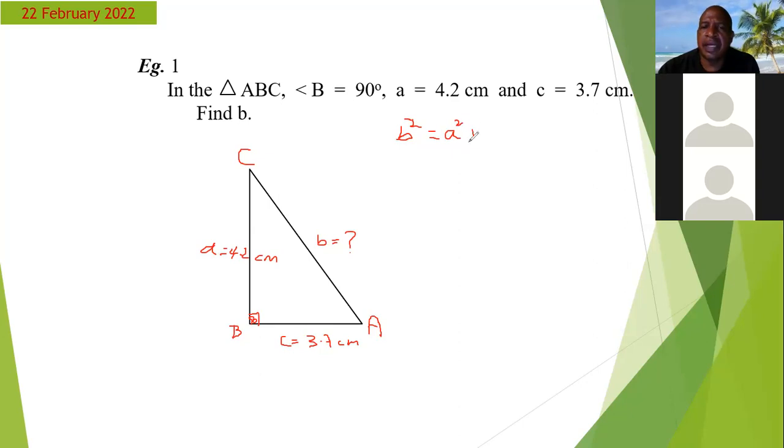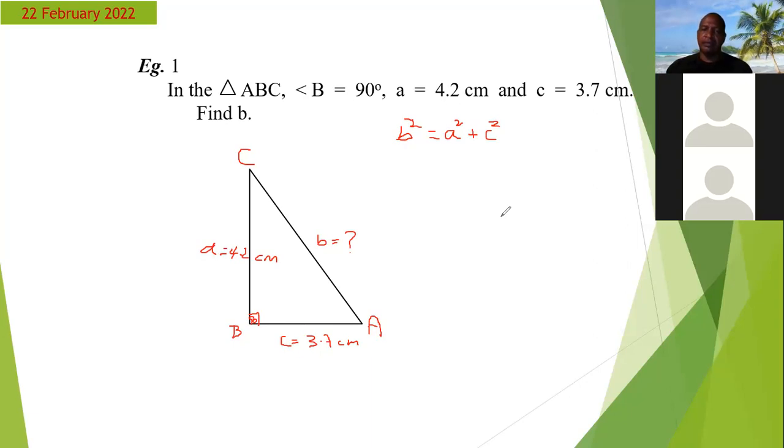So it is important that you write the formula based on the triangle that you're working with. Is that clear to everyone? So that is one of the key steps. Once you write the formula based on the hypotenuse, starting with the side of the hypotenuse, then you're well on your way. The next step now is to plug in the values that you know from the question.